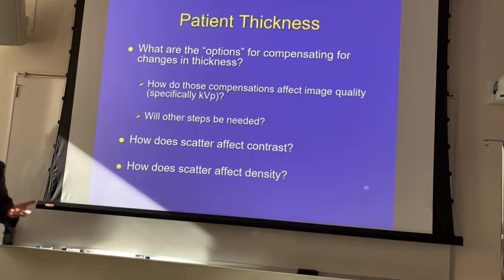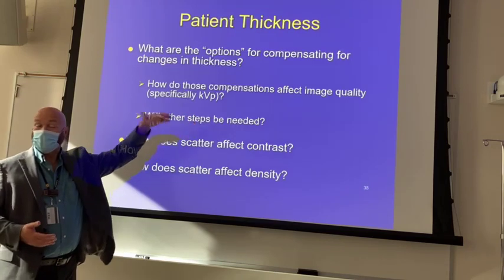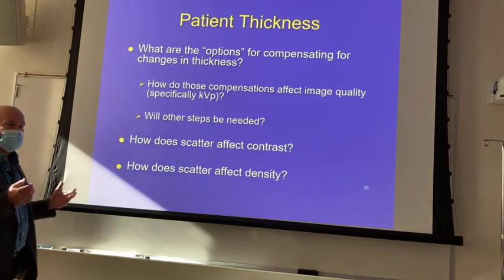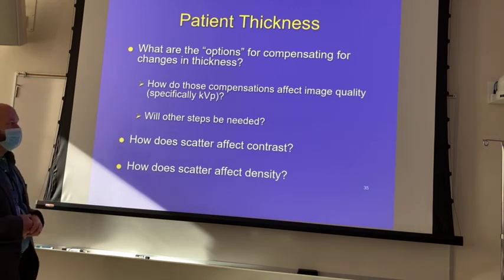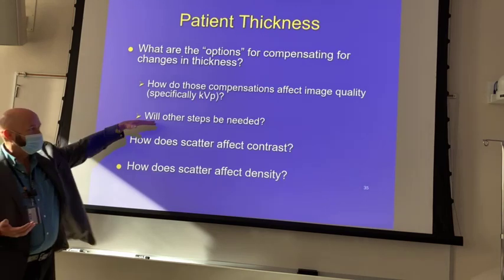Not really, but okay, we'll say that. So kVp could potentially do that, and it certainly did that with screens and films. We just don't see it a whole lot anymore with CR and DR, the computer processing. I'll get back to this here in a second.